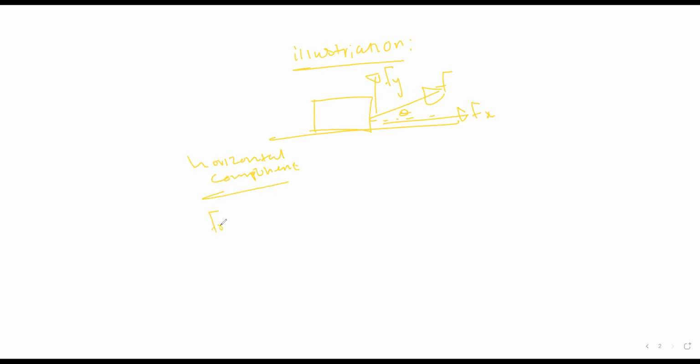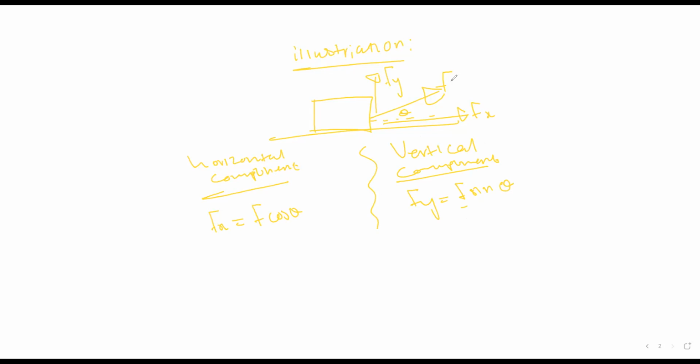We always conclude that the horizontal component is Fx equals F cos theta. And we always conclude that the vertical component is Fy, which is equal to F sine theta, right?